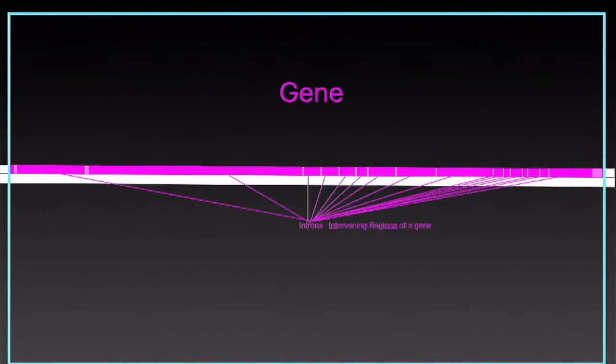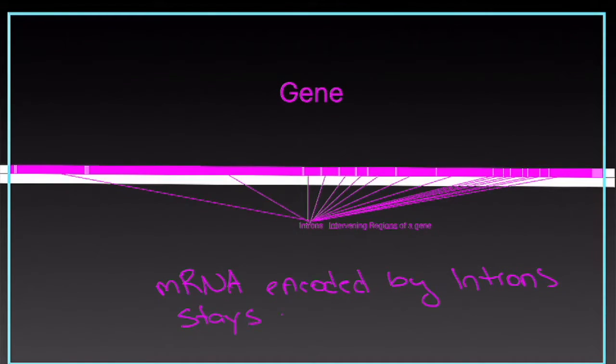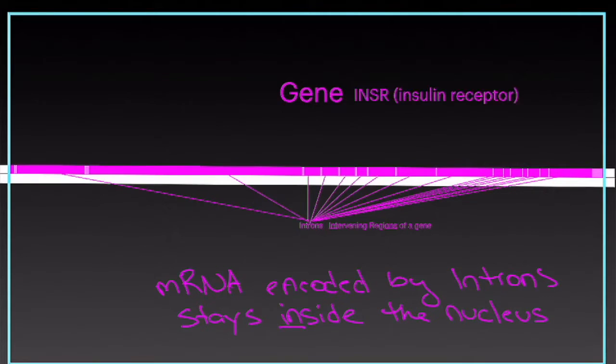Another way to remember this is that the mRNA encoded by introns stays inside, so in the nucleus. And don't you worry, we will get into the details of that. Okay, so we have these parts of a gene: exons and introns.